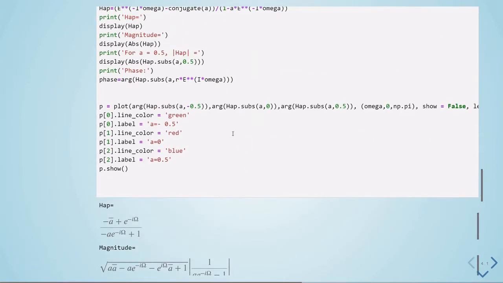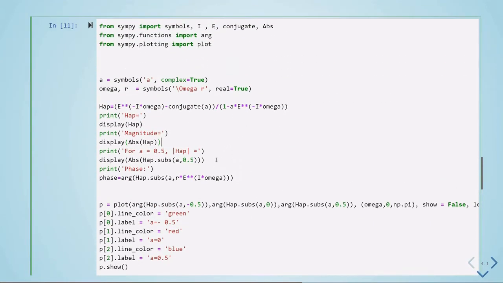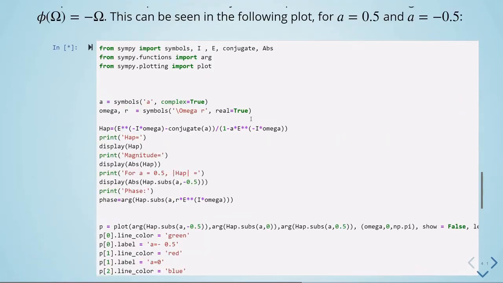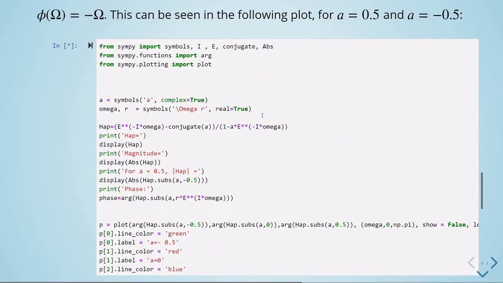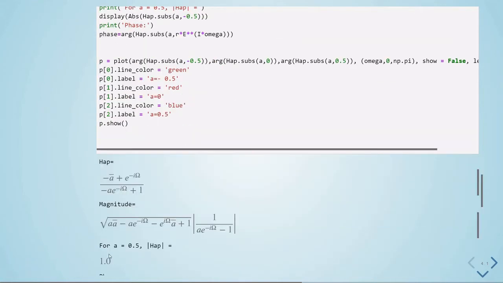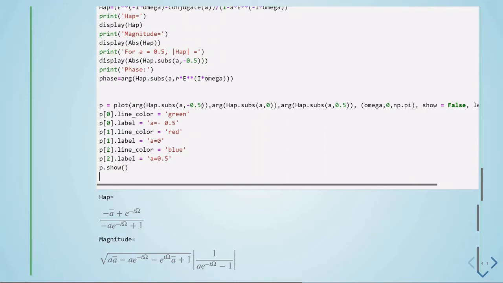And indeed, if I replace 0.5 with minus 0.5, SymPy is taking some time to compute, but in fact it's also 1.